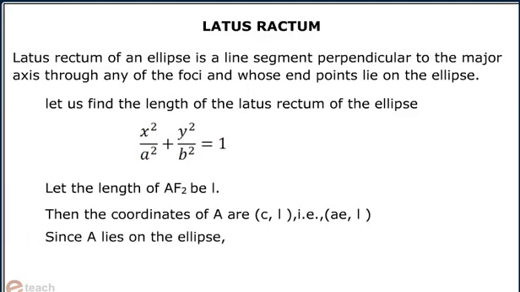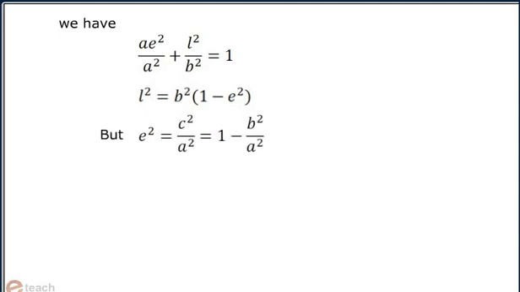Since A lies on the ellipse, we have a²e²/a² + l²/b² = 1. Simplifying, l² = b²(1 − e²). But e² = c²/a², or 1 − b²/a².